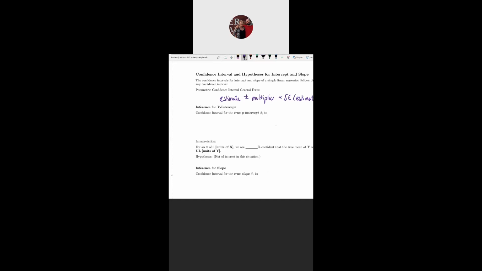All right, now we're going to start with looking at the confidence interval for the y-intercept. Remember, confidence intervals give us a range of plausible values for the true value of our parameter of interest. In this case, the y-intercept, notationally, that's beta naught. So the form for this is going to be b naught plus or minus, to be a little bit more specific, our t star multiplier, coming from a t distribution with n minus 2 degrees of freedom, multiplied by the standard error of our estimate for the intercept.